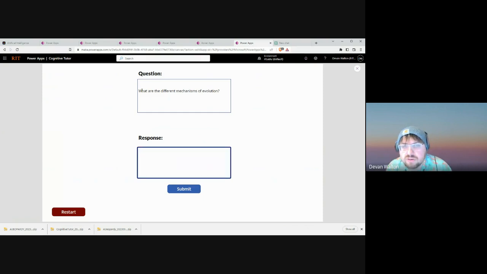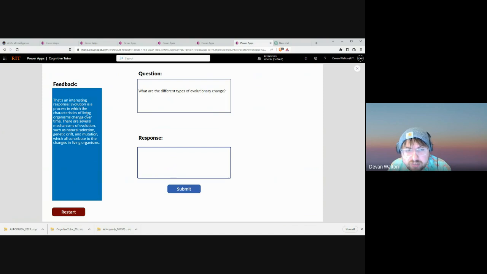So let's say, for example, what are the different mechanisms of evolution? If we give some sort of low aptitude answer, if we say like stuff changes and we hit submit, we'll get some encouraging feedback that presses us to reconsider our answer and points us more in the right direction. And then it asks a new follow-up question.